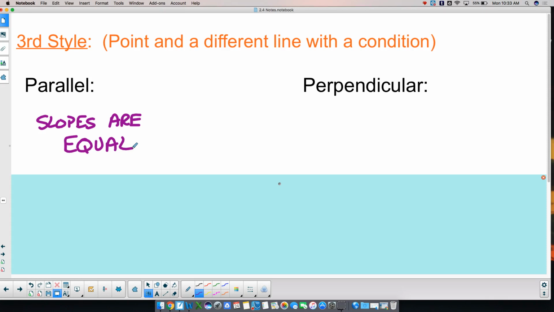So I would first find the slope of the line that's given, and that would then be my slope throughout the rest of the problem. If they are perpendicular, they are opposite reciprocals.